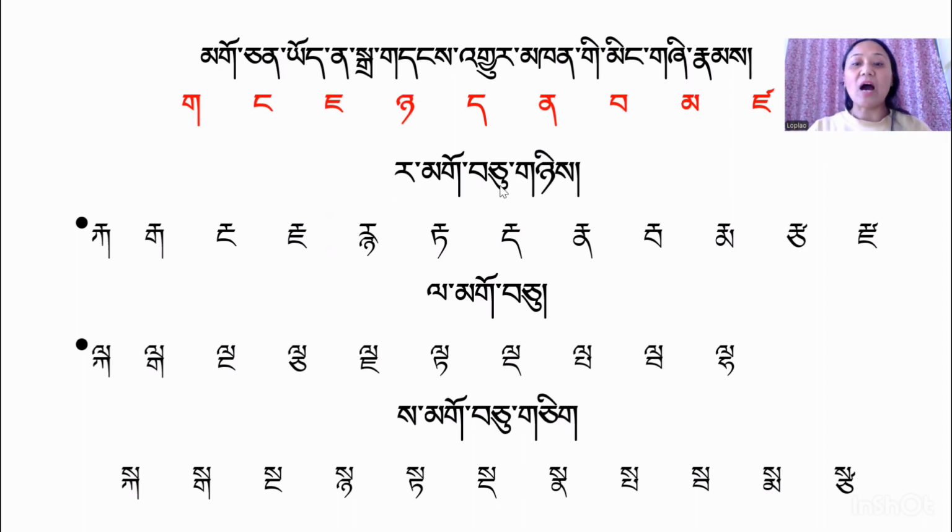First, Rago Chunyi, 12 Ra head letter. First one, Ra Kata Ka. It remains the same sound, Ka sound. Next one, Ra Kada Ga. Ga. So Ka sound changes to Ga sound.